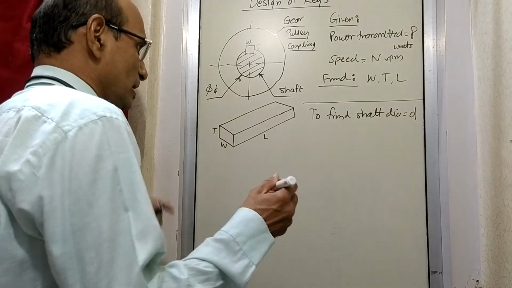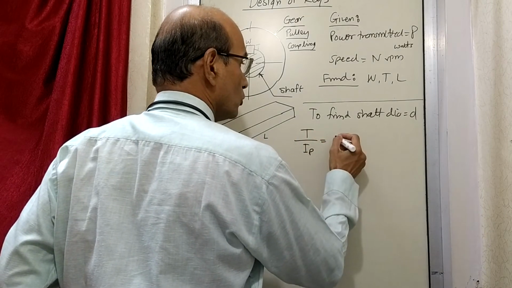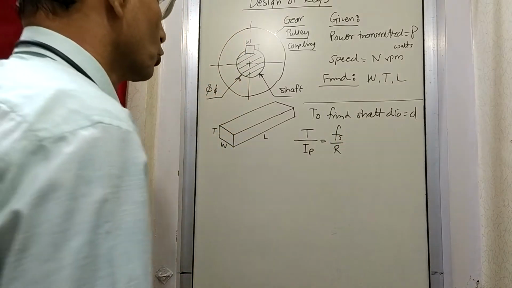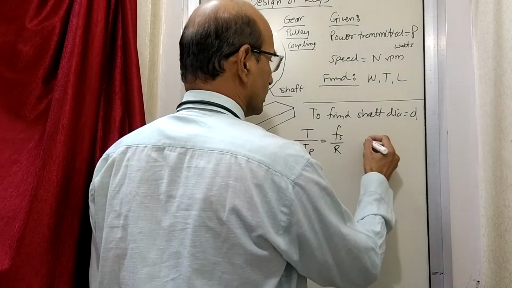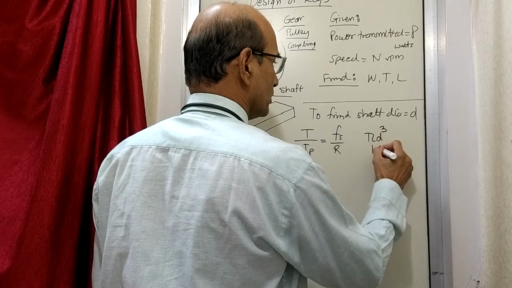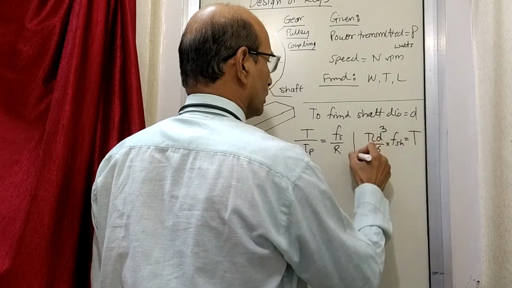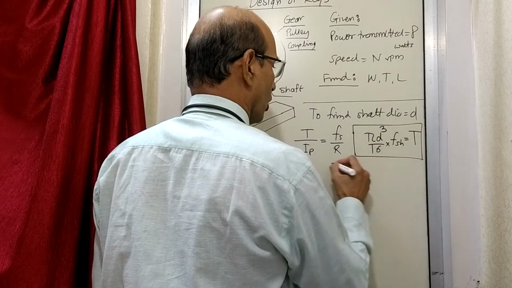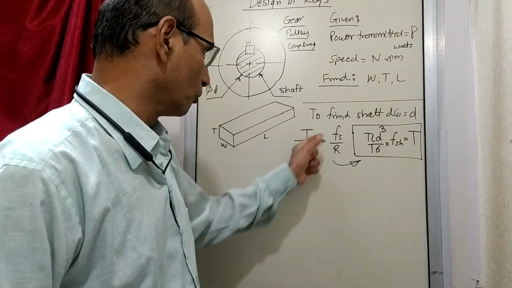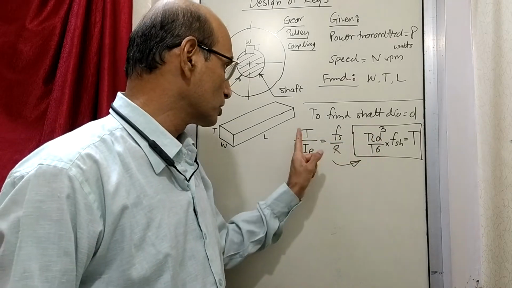As you know, the formula is T upon J equal to shear stress upon the distance R. When you resolve this, it gives us pi d cube by 16 into shear stress is equal to torque. This is the equation obtained from this.